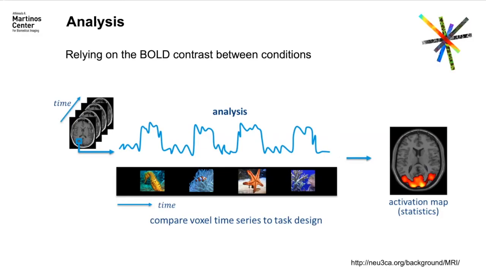For example, here the subject is being shown pictures at certain intervals, and then there is rest between them. So you can see that in one voxel the time course follows the task design, and then we would make some statistical test to see which voxels are actually changing statistically significantly in this task.